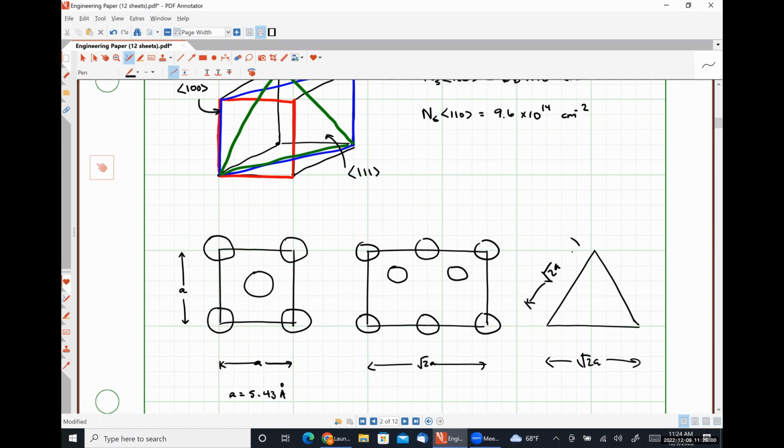I wanted to say isosceles, but that would be incorrect. So the length of all of the legs is exactly equal to the square root of 2 times A. And we would have a silicon atom on each vertex of this triangle, as well as a silicon atom at the halfway point of each of those legs of the triangle. So there would be 2 total silicon atoms.